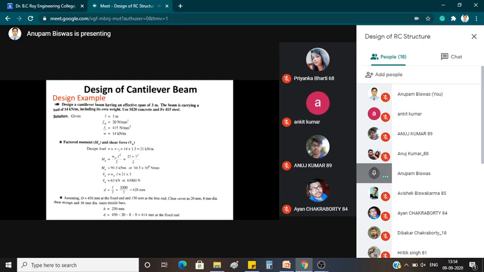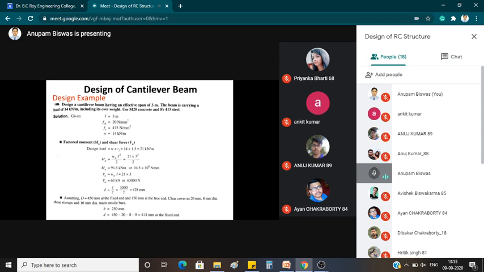The value also includes its self weight, so there is no need to calculate self weight otherwise. The grade of concrete is M20 and steel is Fe415. So from here we get span 3 meter, fck 20 Newton per millimeter square for M20, fy 415 Newton per millimeter square, and w is 14 kilonewton per meter.